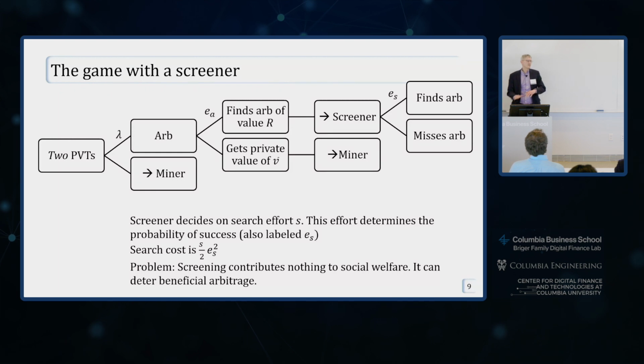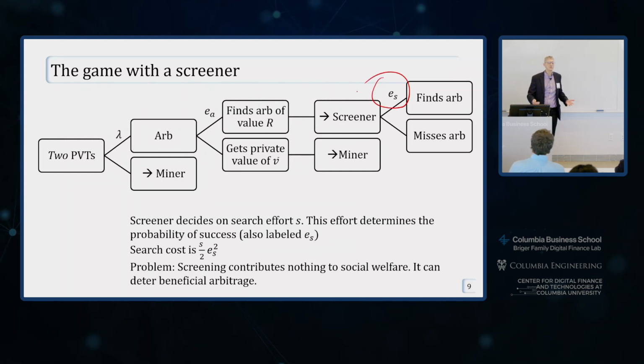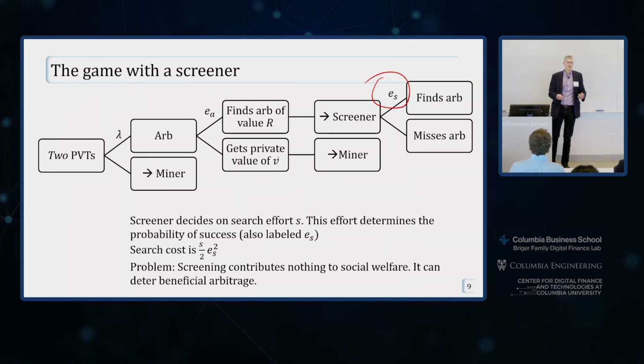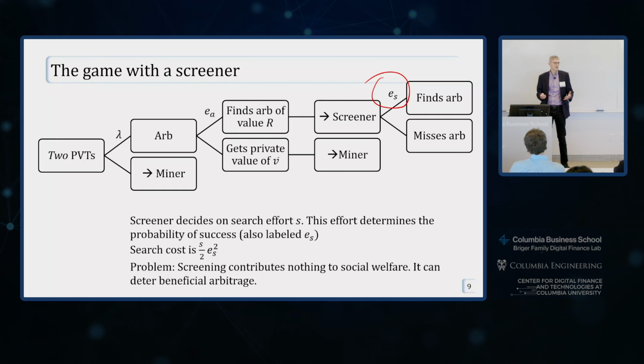So with the screener, they get added as a final step here with their own search costs. And just like with the arbitrageurs, they sort of have to pre-commit to what they're going to be doing at the start of the day. And there's going to be duplicative effort here as well.